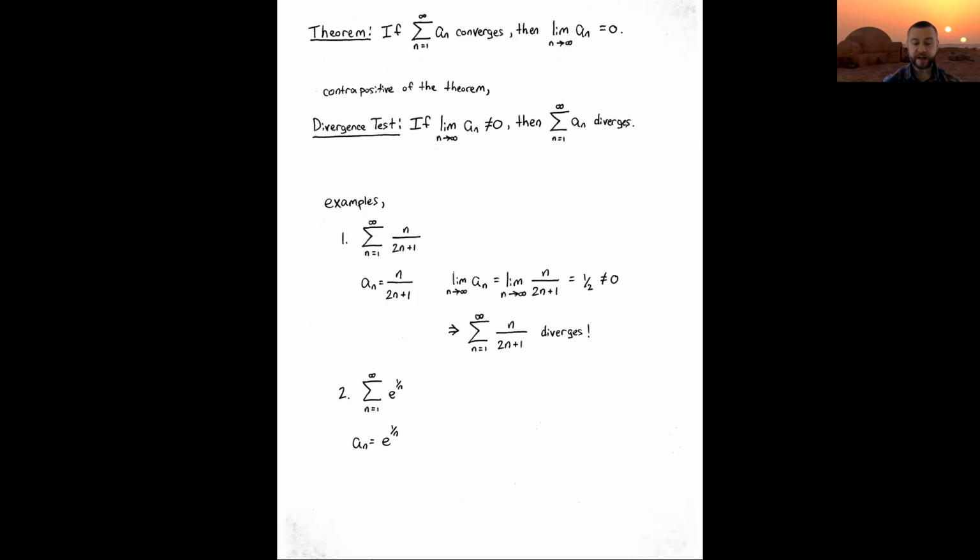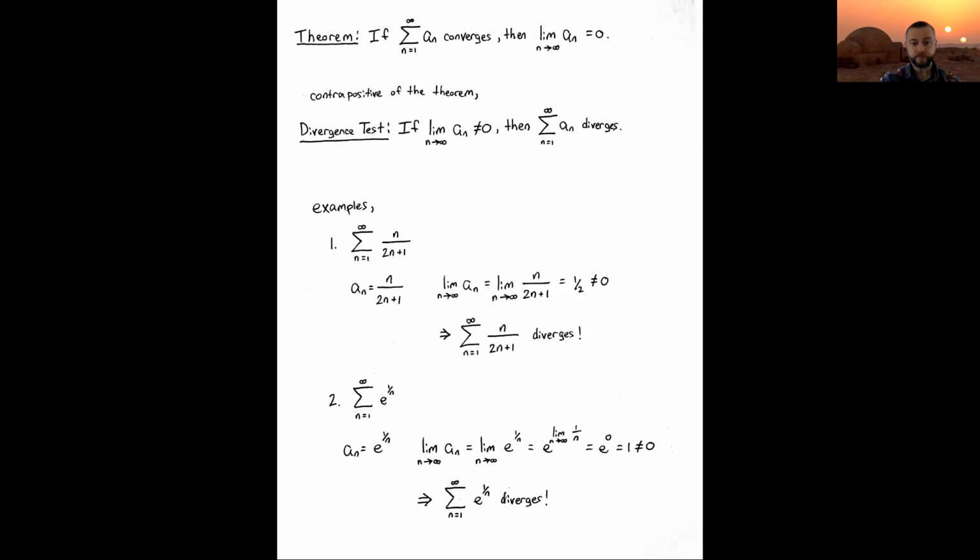All right, let's take a look at a second example here. The term is given now by e to the 1 over n. This one requires maybe a little more thinking in evaluating the limit. If we take the limit as n approaches infinity, an earlier result that we introduced on sequences is that when you have a continuous function like e to the x, you can bring the limit inside of that.